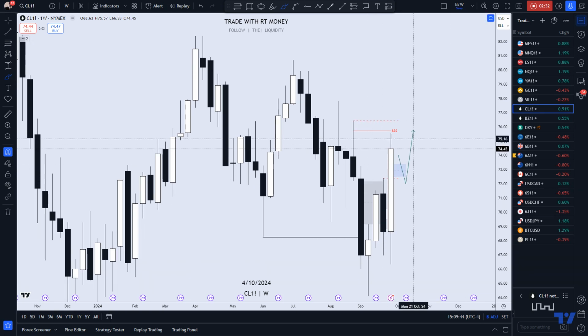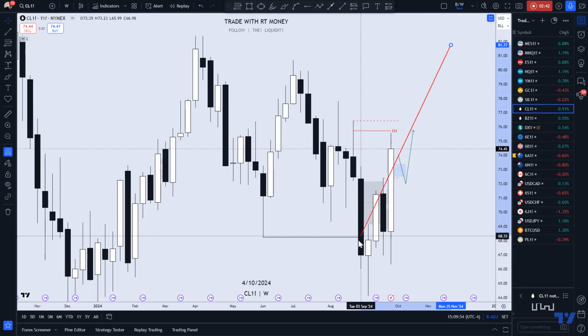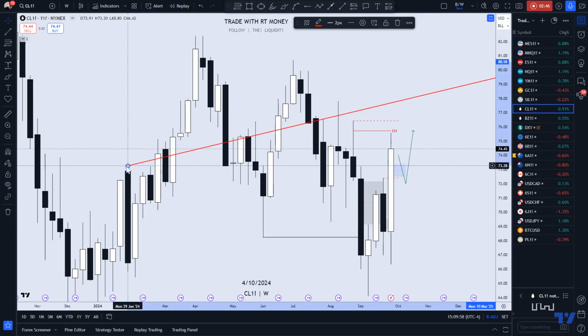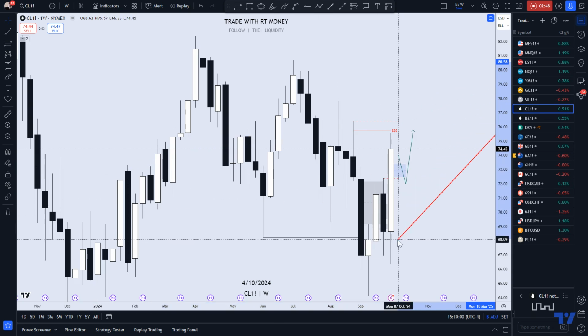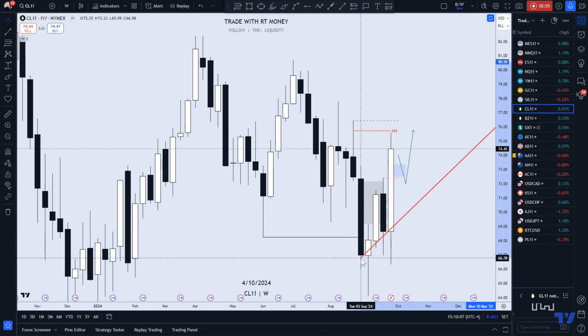You understand? So in this case, what do we see? We see when price took out this low here. Let me get a pointer and make that a little bigger. When price traded through that low and closed below it, you would assume lower prices are to come after a retracement.